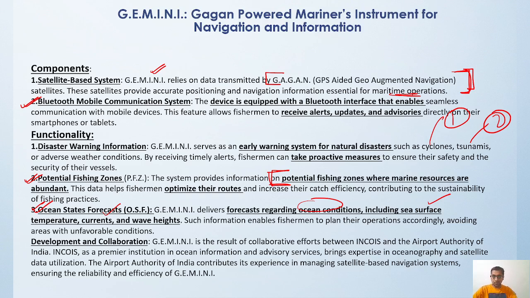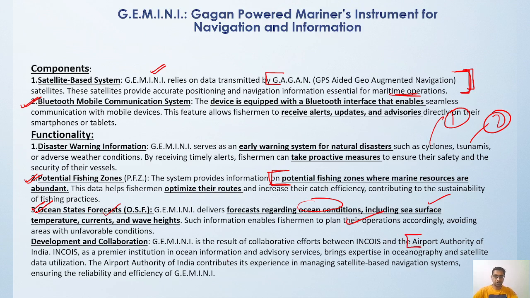So we can provide all these collaborative efforts to those people, and with the help of oceanographers who are also included in these areas, they will be able to properly guide the fishermen in all these areas. So that is why we have premier institutions like INCOIS. Okay, and we have the Airport Authority of India.